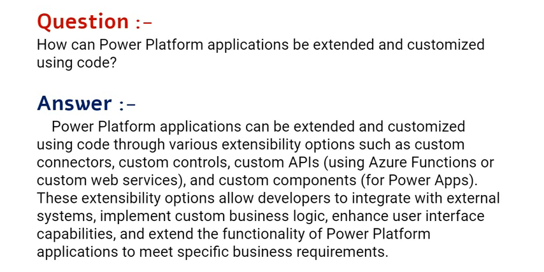These extensibility options allow developers to integrate with external systems, implement custom business logic, enhance user interface capabilities, and extend the functionality of Power Platform applications to meet specific business requirements.